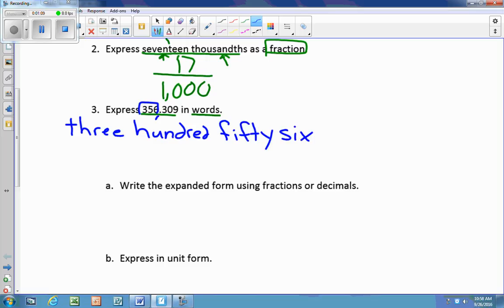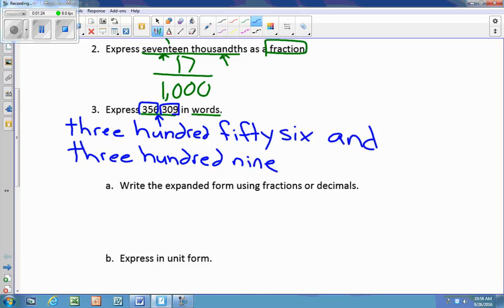The decimal then tells me the word "and," then I read this part, which is 309. And I have to say the place it's in, and it ends in the thousandths place. And when I'm writing thousandths, because it is the decimal, I need to make sure that I have my THS at the end.